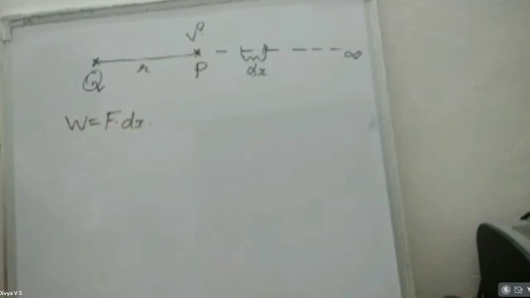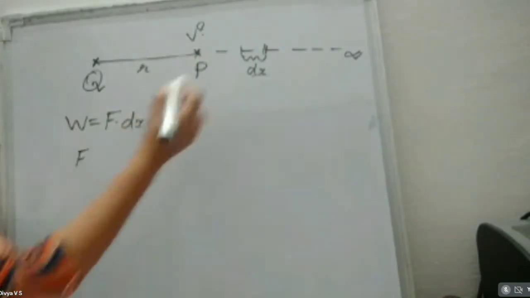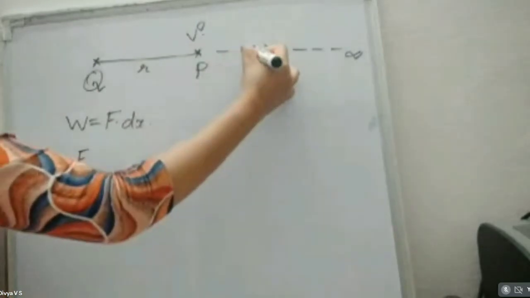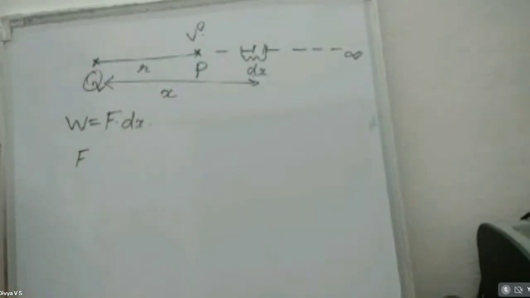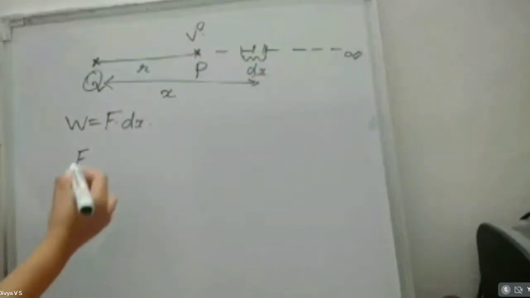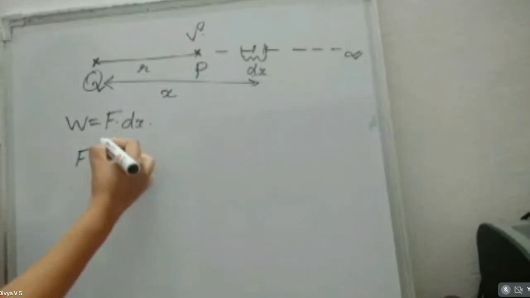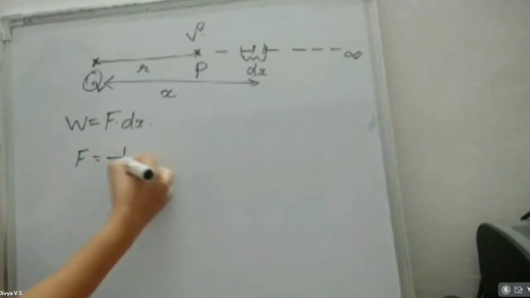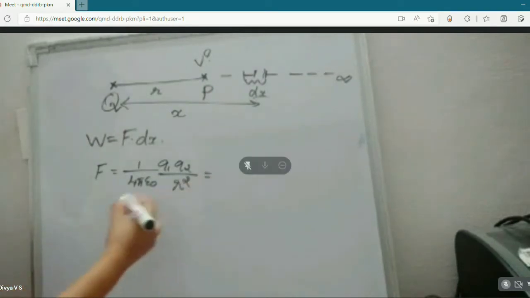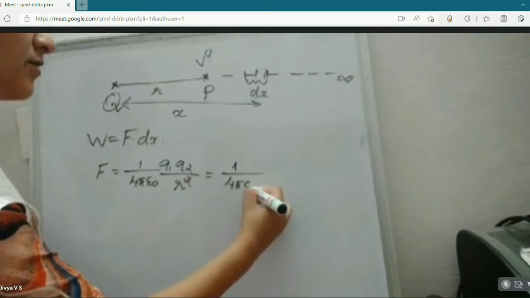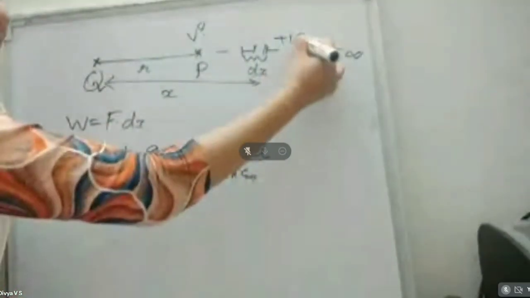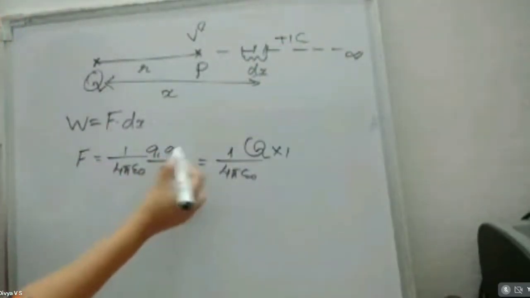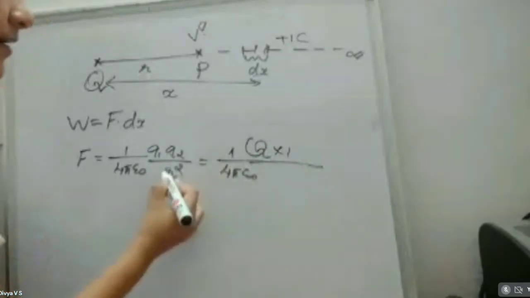Now, the expression for force: suppose this length element is at a distance of x from the charge. Now force, we know, is equal to 1 by 4 pi epsilon 0 q1 q2 divided by r square. Here q1 is the capital Q, and the charge which we are bringing is plus 1 coulomb, so into 1, q2 will be 1 coulomb, divided by r square.